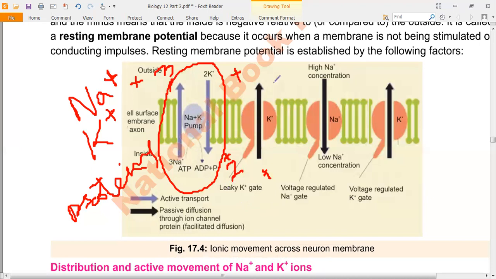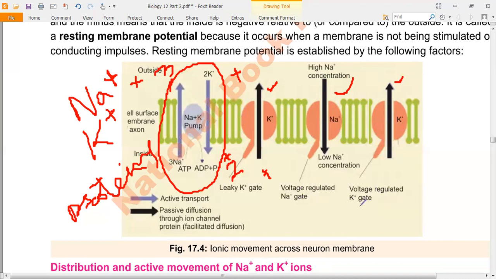Here you can see these gates. These are passive diffusion gates, done by ion channel proteins, or facilitated diffusion with the help of some proteins. These two gates, this is the sodium gate and this is the potassium gate, are voltage regulated gates.